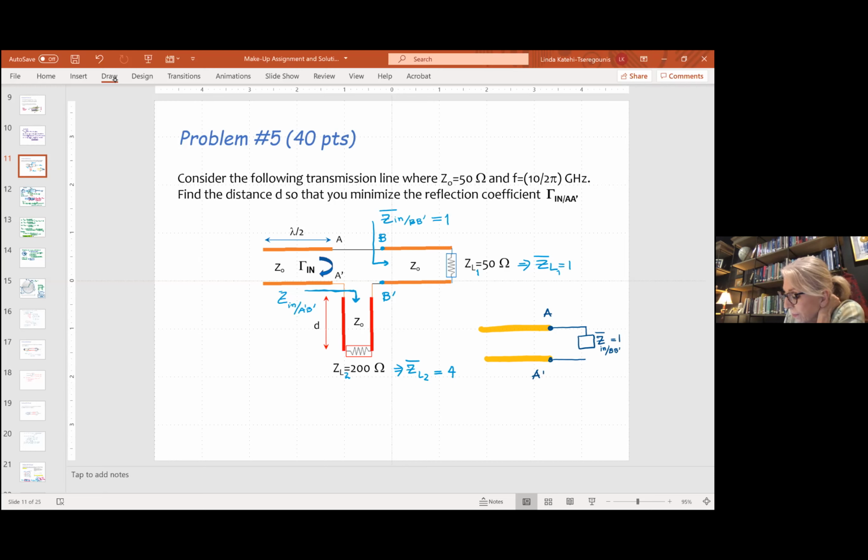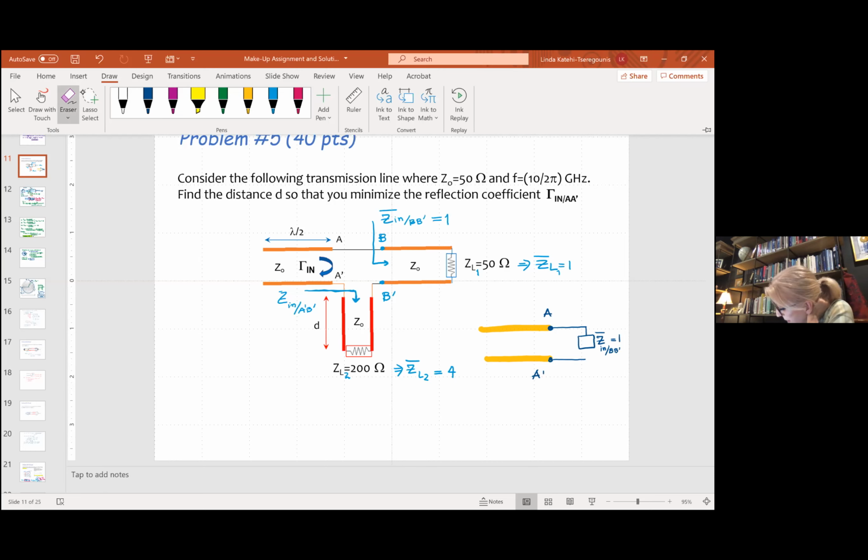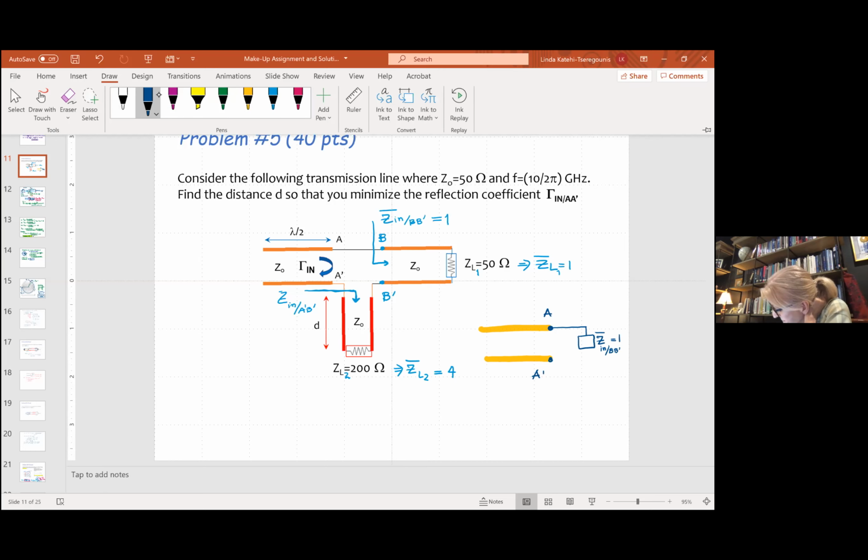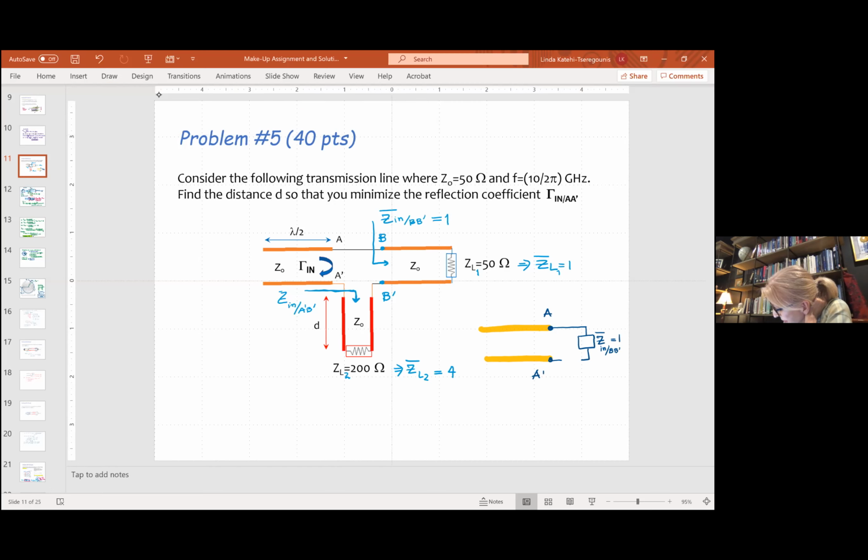And there we are going to have Z input at A prime, which is a function of D. And how much do we want to make this one? We want to make the Z input at A prime normalized equal to 1.